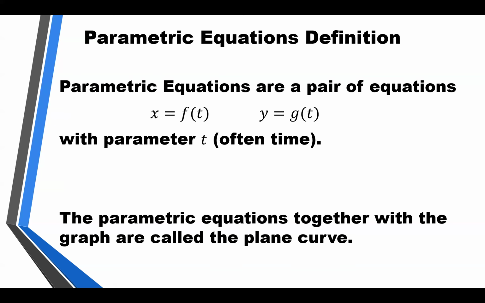That's the idea of parametric equations. Parametric equations are a pair of equations, one that gives us the x value, one that gives us our y value, with parameter of t. Often we think of t as being time.